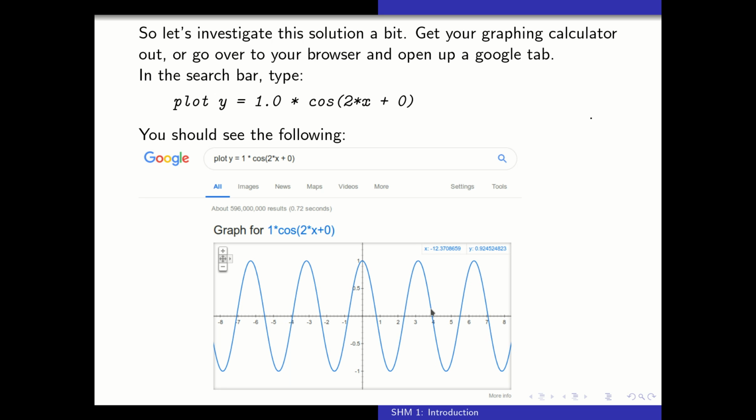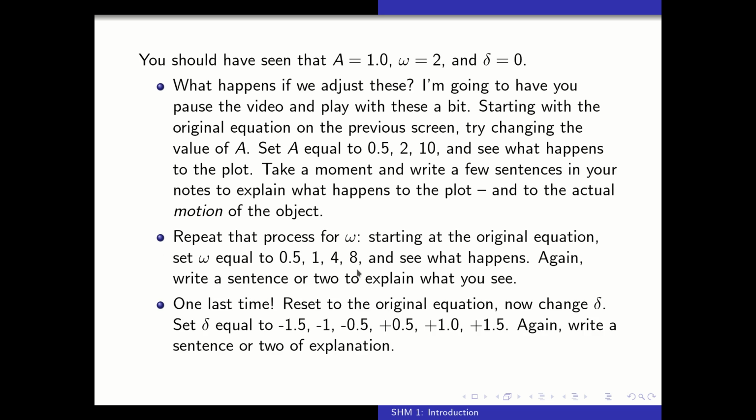So if we smacked this thing, and it started moving in the positive direction at time t equals 0, perhaps we would have started here. This could have been time t equals 0. It starts at 0 position and starts moving away from equilibrium. Or this could be position 0 right here, and it starts moving away from equilibrium. So delta allows us to set what the initial conditions are, and that's really all delta does.